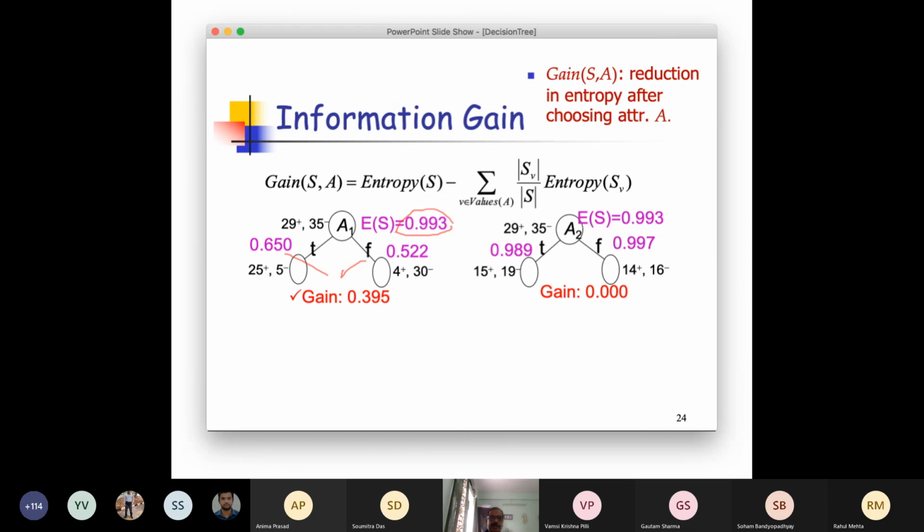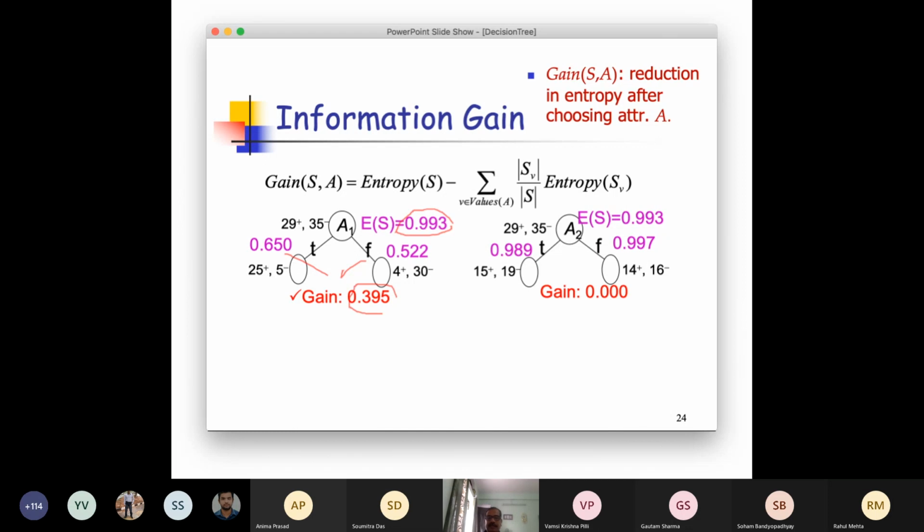There are 30 samples, so the weight should be 30 by 64 for this and 34 by 64 for this. Multiply and add, and whatever value you get, that value is less than the original by 0.395. So that is the gain.